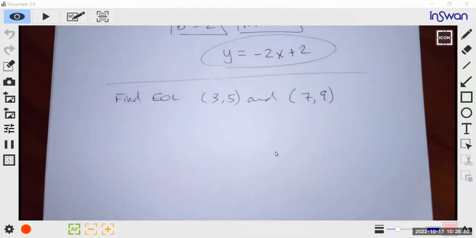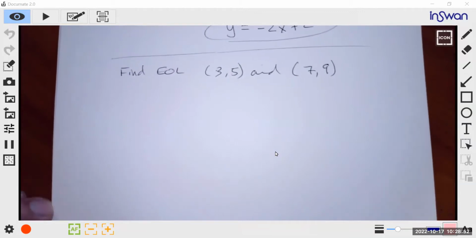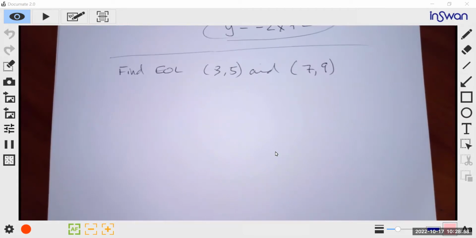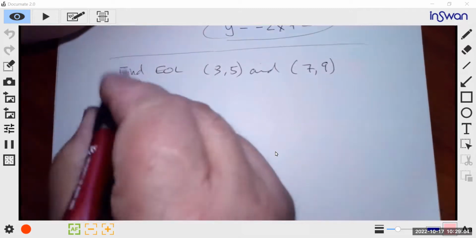We have 2 points. What are we missing? What 2 things do you need for the equation of a line? A point and a slope. Do we have a slope? No, we have to find it though.